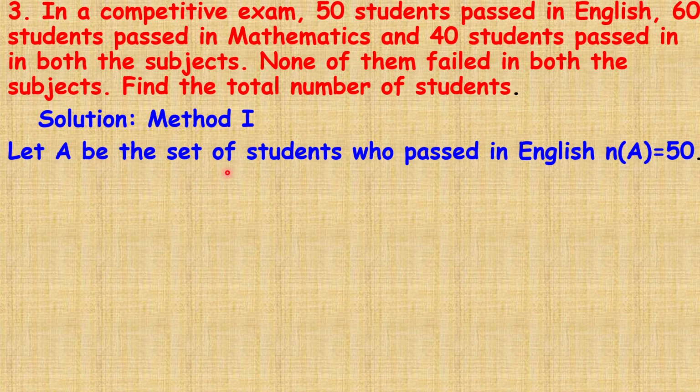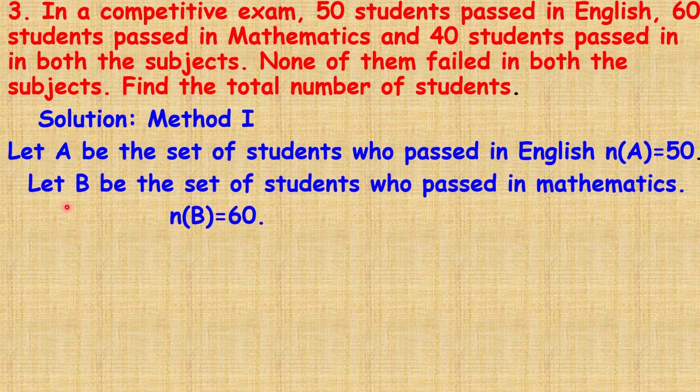Let A be the set of students who passed in English. In the example, the number of students who passed in English is 50. Therefore, the number of elements in set A is equal to 50. Let B be the set of students who passed in mathematics. Here 60 students passed in mathematics.